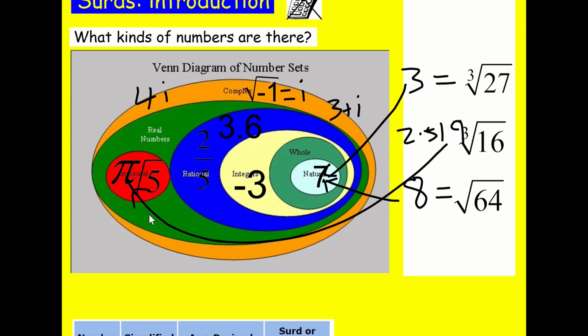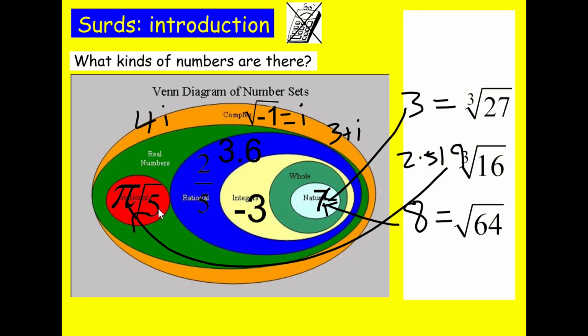Now, okay, there's something I've not yet talked about. I've not talked about the word of surds. And basically, surds are within irrational numbers. So I can split my irrational numbers into things that involve roots but are irrational, and things that don't involve roots and are irrational.